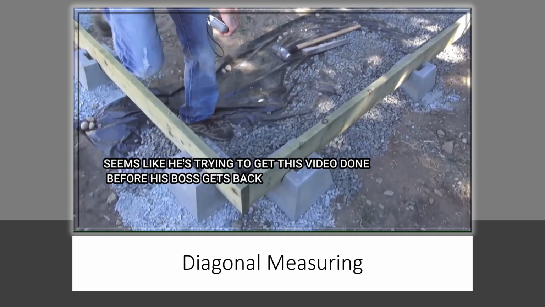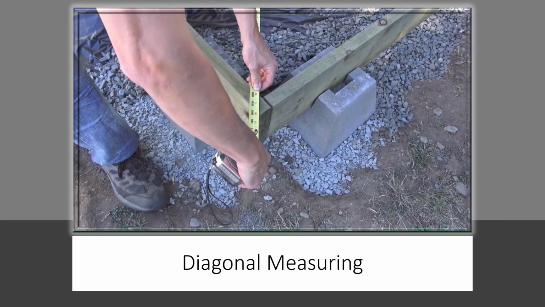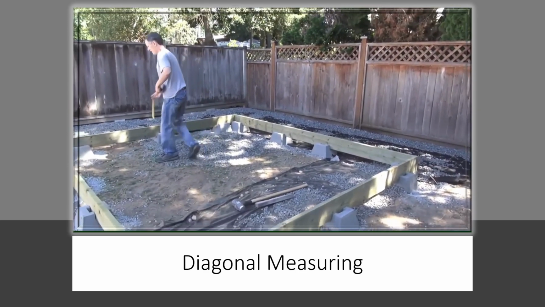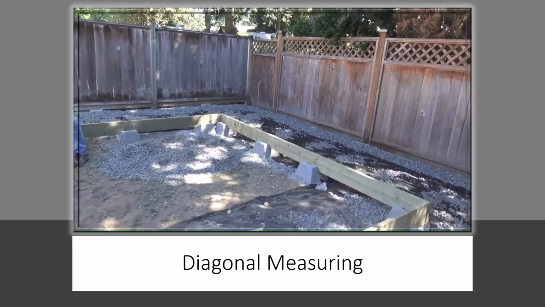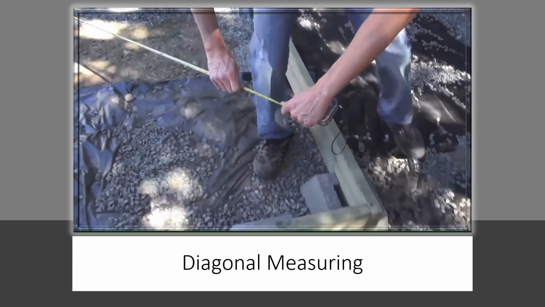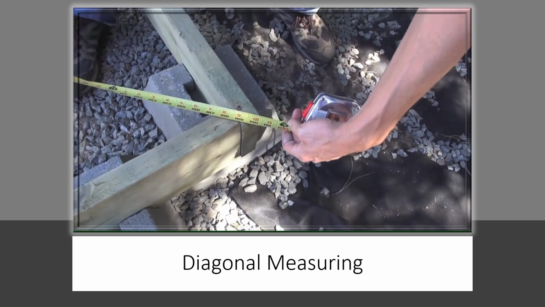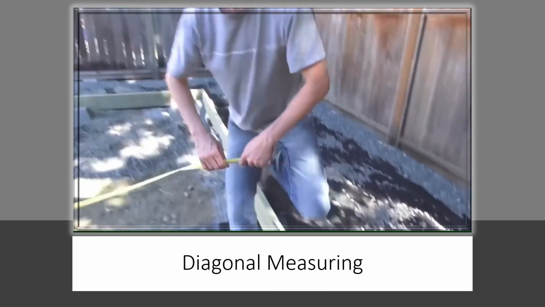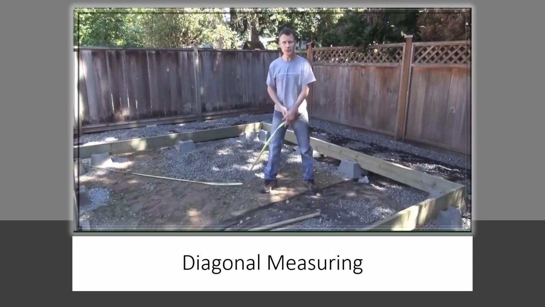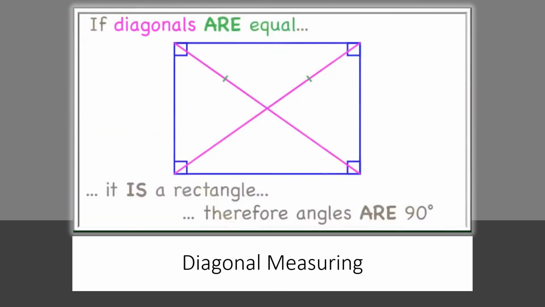I moved it about an inch there, is my guess. That is 190 1/4, roughly. And this one is, we'll see. Look at that, 190 1/4. So now that those two diagonals are exactly equal, we know that this is an exact rectangle, a right angle.